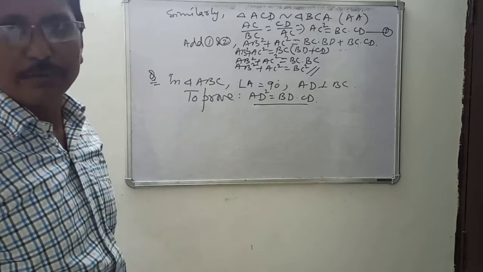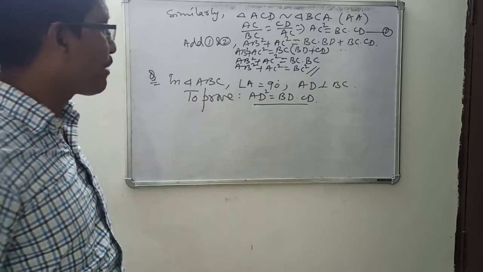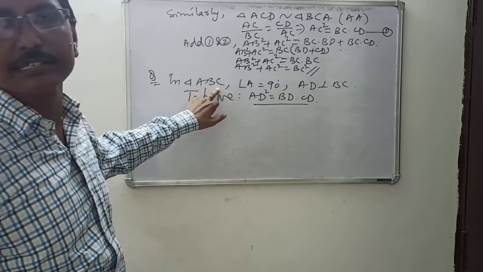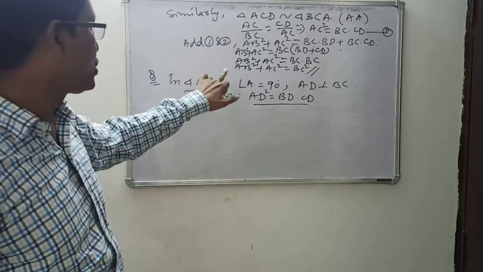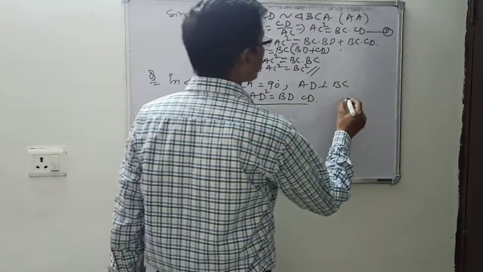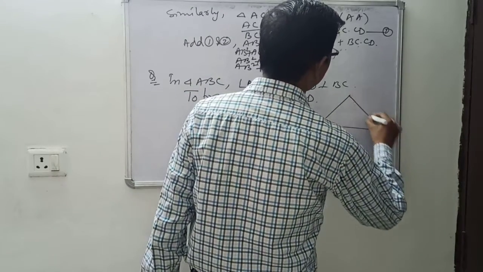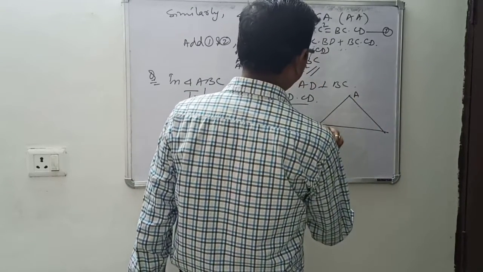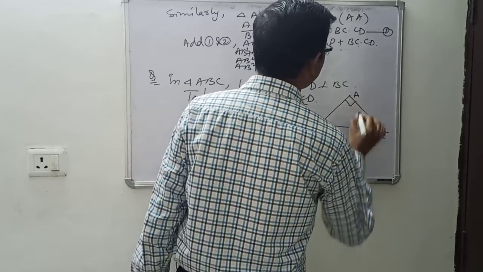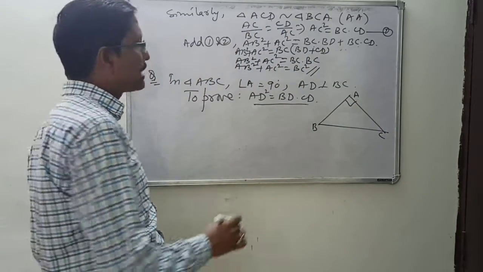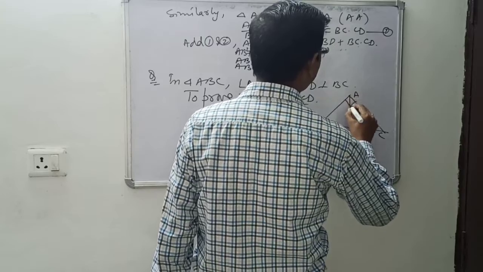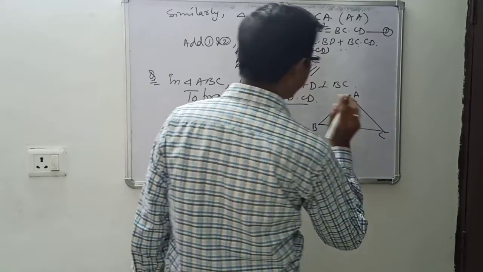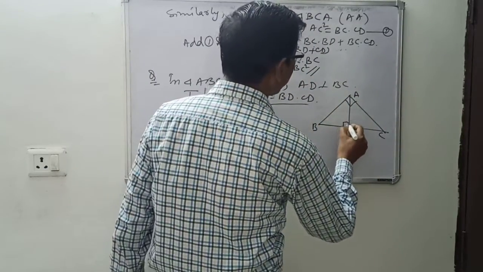Suppose the figure is not given. According to the condition you have to draw the figure. First of all you have the triangle ABC in which angle A is 90 degree. Suppose like that we have drawn. That is 90 degree given. And here AD perpendicular.